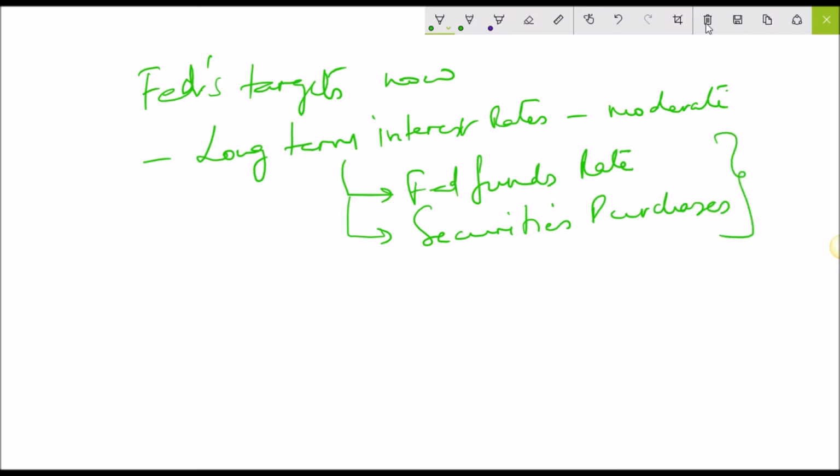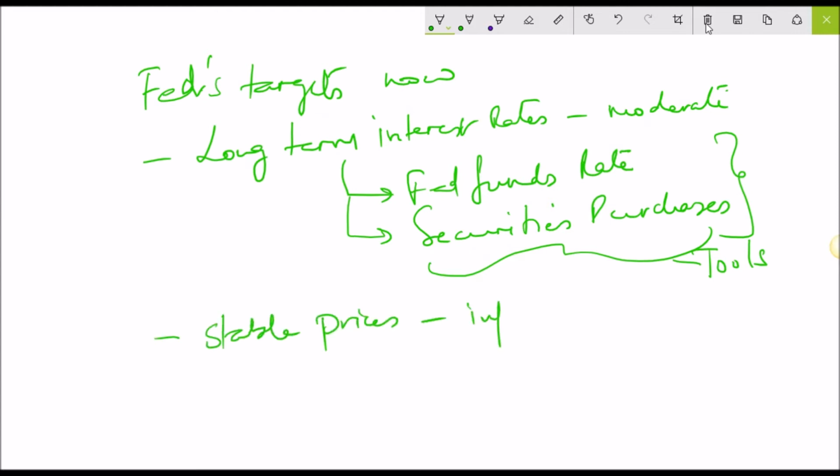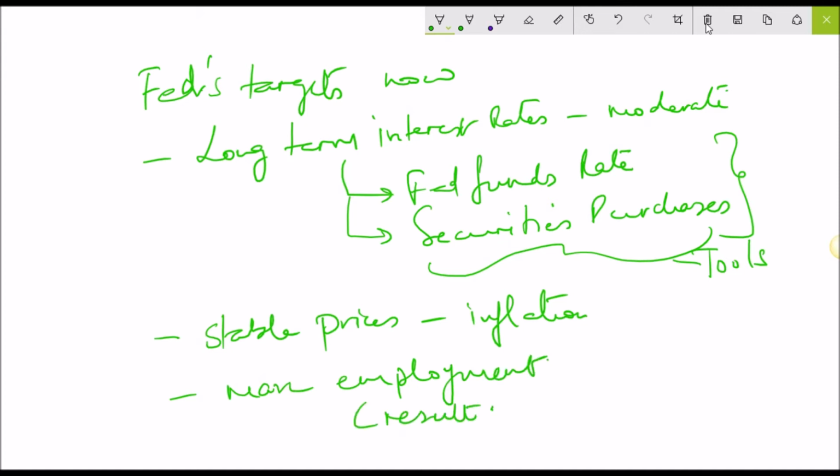If we look at the latest objectives of the Federal Reserve Board, we see that the objectives as specified by Congress are maximum employment, stable prices, and moderate long-term interest rates. So this is the economic factor that the Federal Reserve Bank wishes to influence using its Fed funds rate, which is the short-term interest rate.